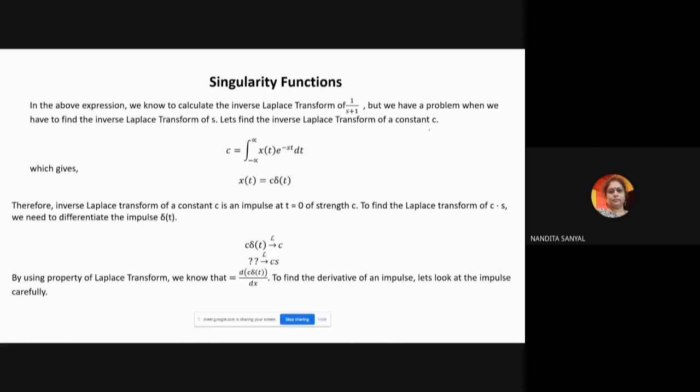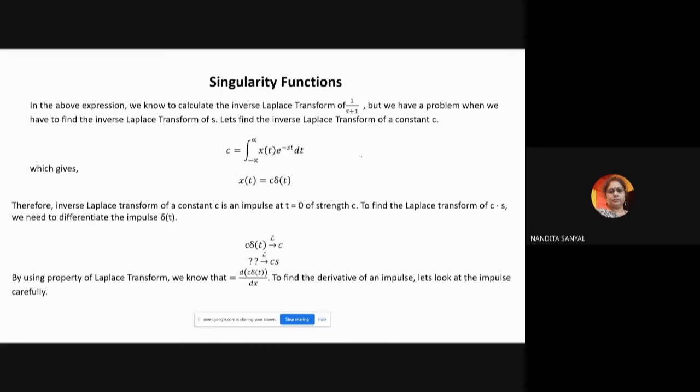From the previous example, we have seen that from 10 we can directly write a delta function of amplitude 10.